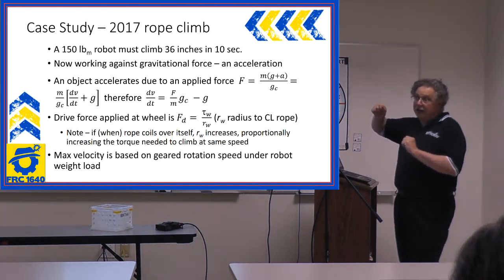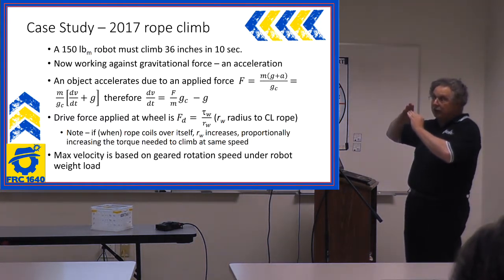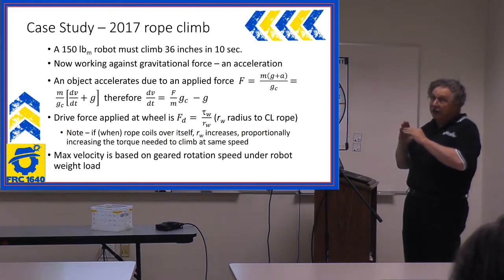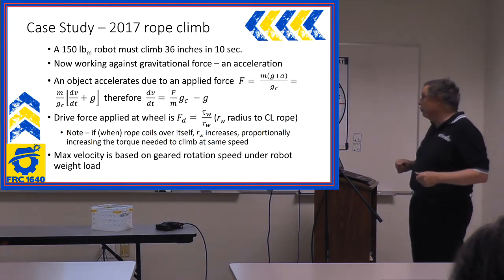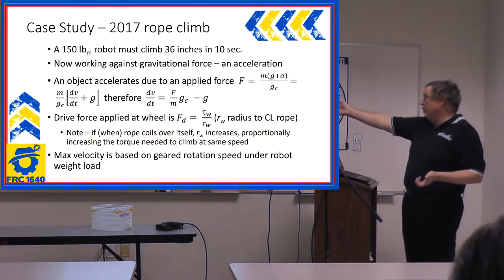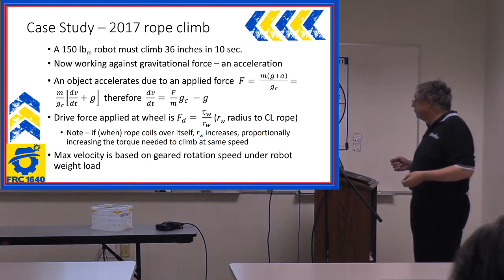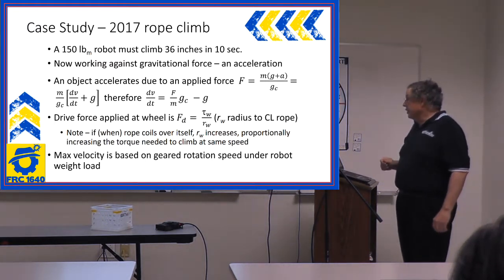What's the working radius? Where is that actually going to be? So for the rope climbing, how big a coil are you going to make when you coil this rope to pull the robot up the rope? The radius of that coil is R sub W, the radius to the center line of the rope.